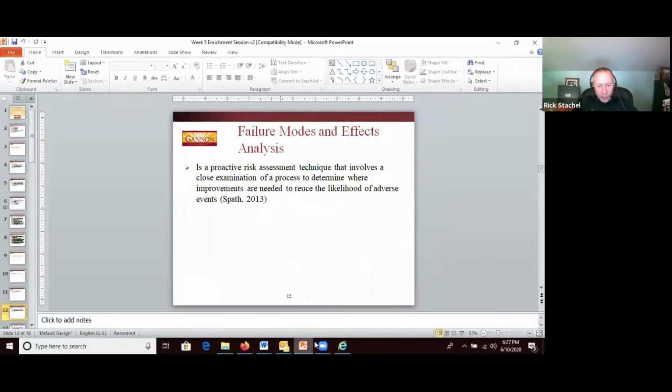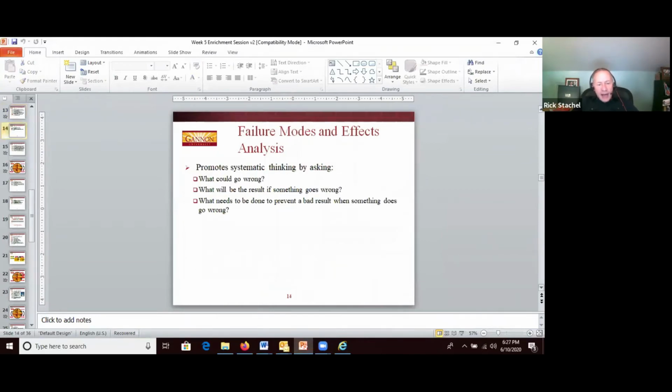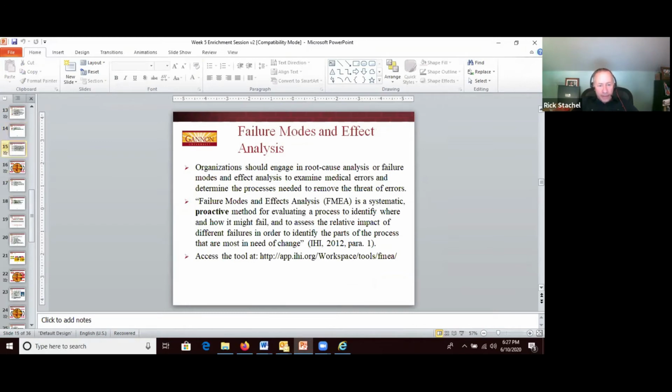Because it's proactive, it promotes that systematic thinking of quality improvement, what needs to be done to prevent a bad result when something does go wrong. And so you're going to plan for that. We have to think about all the scenarios that might happen, and if that happens, what are the effects of it? That's why it's called modes and effects, right?